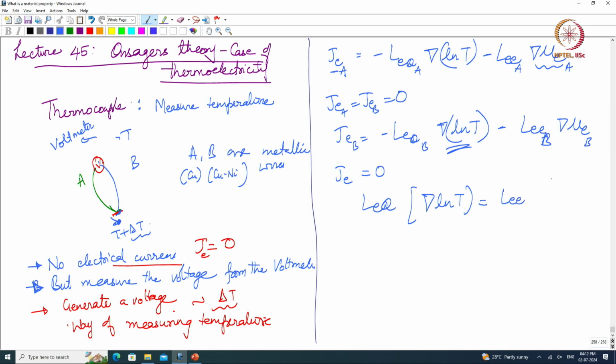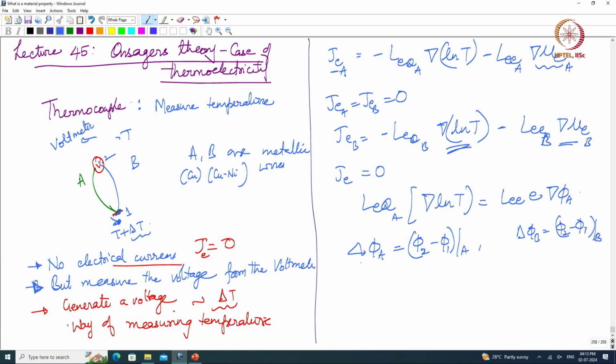Instead of writing it as minus del mu_E, I am just going to write it as del phi A. This is for A. And similarly, I have an expression for B. Now, delta phi A is the change in potential between 1 and 2 along wire A, so delta phi A equals phi 2 minus phi 1 in wire A. Similarly, delta phi B will be phi 2 minus phi 1 in wire B.